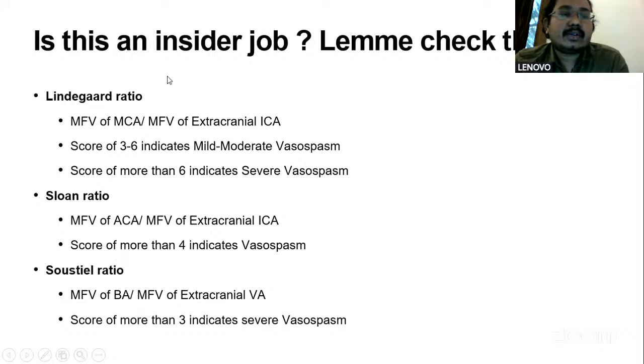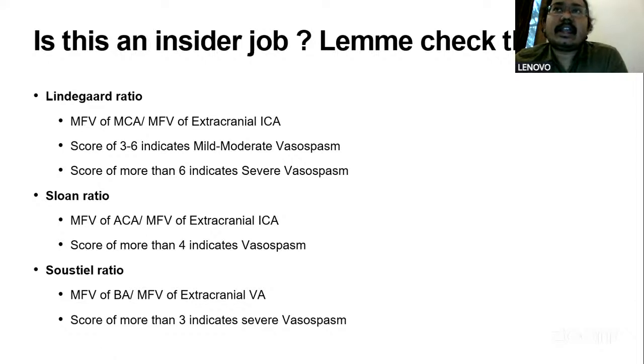So in Lindegaard ratio, mean flow velocities of ipsilateral MCA divided by mean flow velocities of ipsilateral extracranial ICA. With this, when we divide, we get a score. And a score of 3 to 6 is mild to moderate vasospasm, more than 6 would be severe vasospasm.